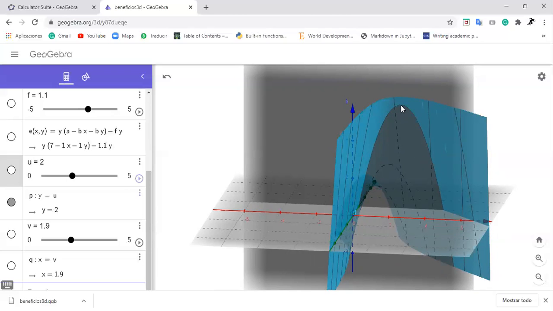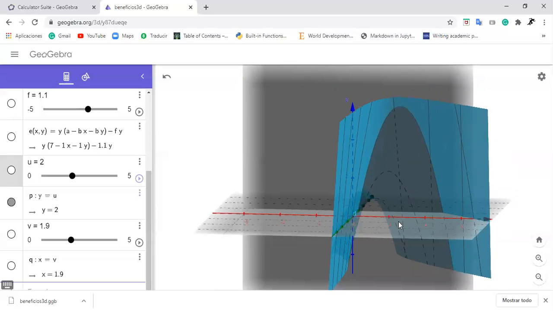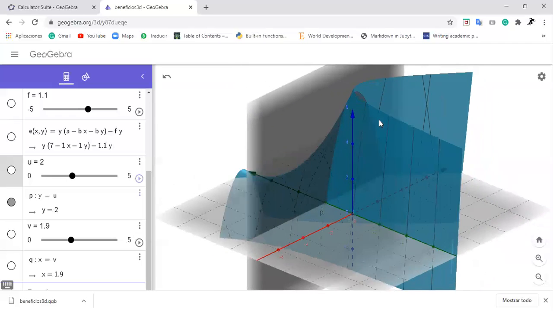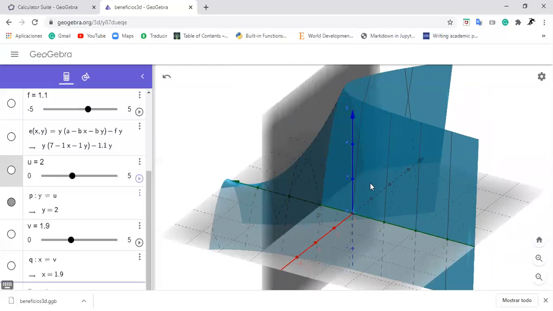And this level is reached when firm number 1 is producing something more than 2 units, for example, 2.2 maybe. So remember, when firm number 1 is producing 2.2 units, it is maximizing its profits. And that happens when firm number 2 is fixing its quantity at a level of 2.